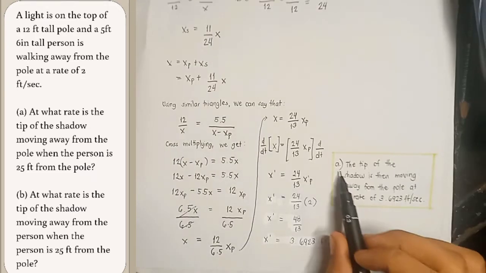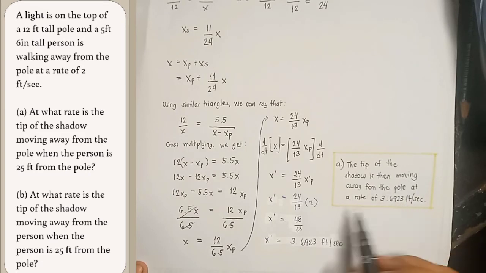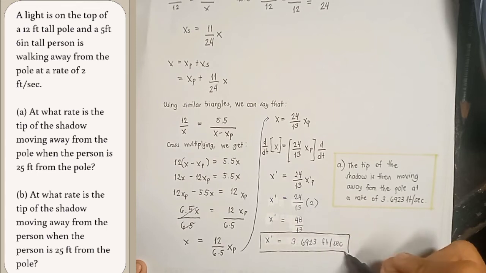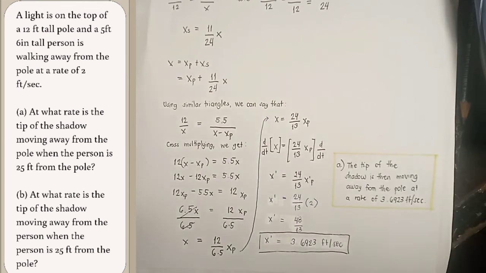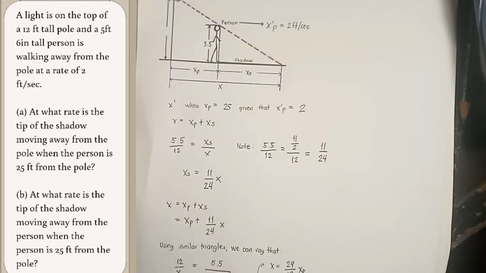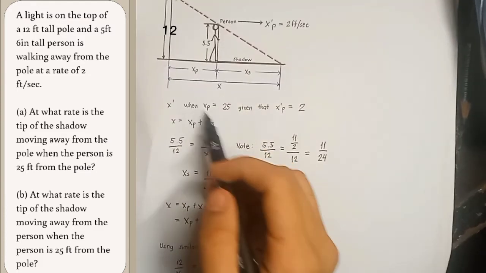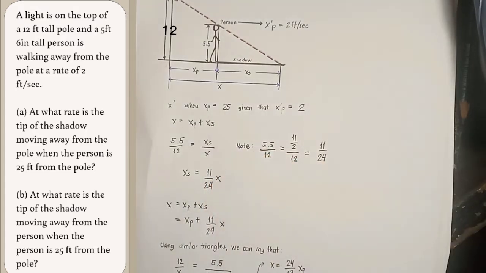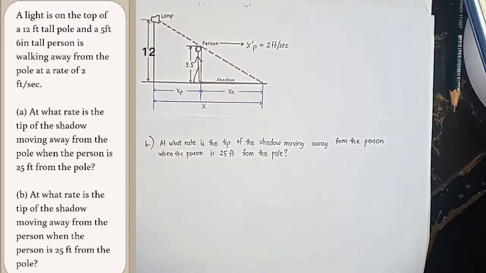The tip of the shadow is then moving away from the pole at a rate of 3.6923 feet per second. Notice as well that we never actually had to use the fact that x sub p is equal to 25 for this problem. That will happen on rare occasions.